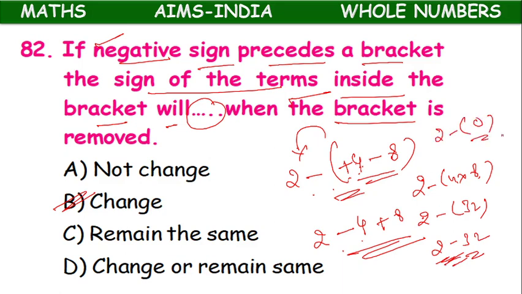If we have 0 in the bracket, then there may be no change, because 0 doesn't have any plus sign or minus sign. In that condition, there may be no change. Because they have not given clarity regarding the question, we can take this answer also. Change or remain same.